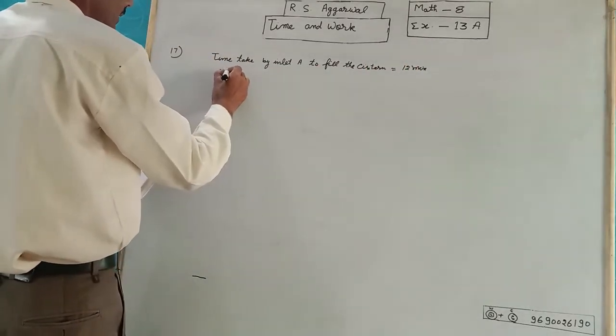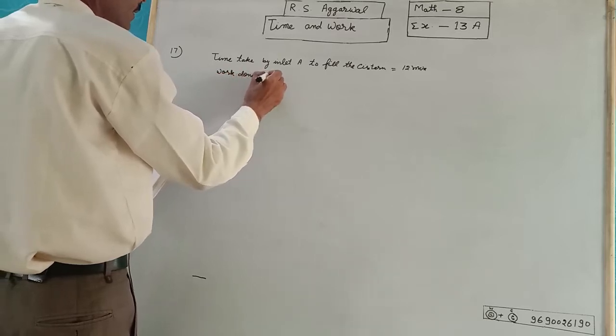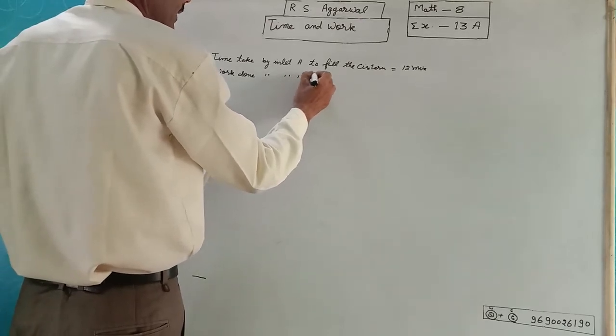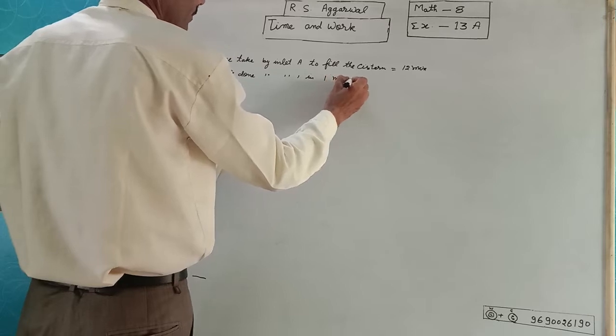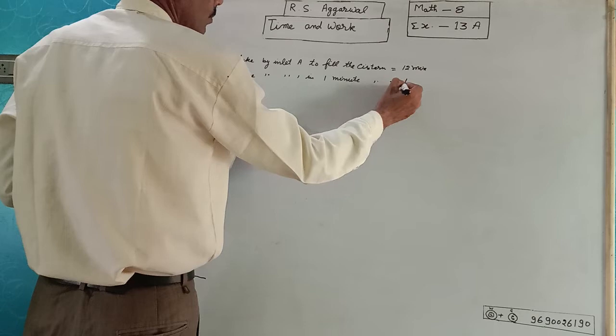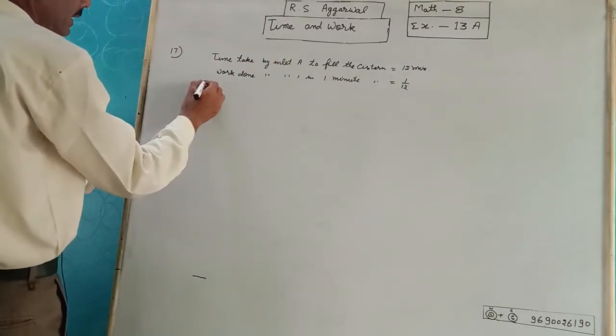Work done by inlet A in 1 minute is equal to 1/12.